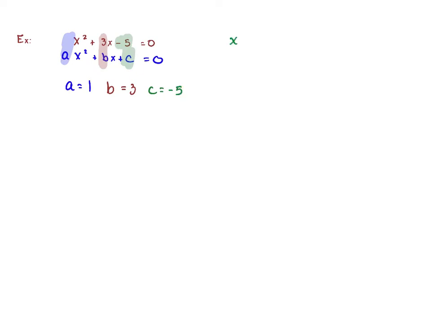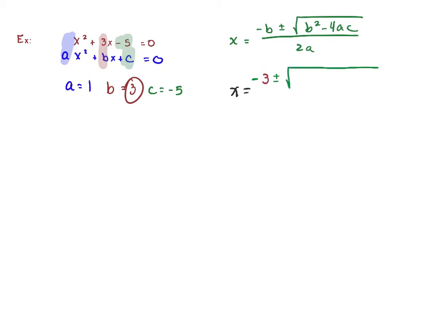And so I'm going to write down the quadratic formula again. Negative b plus minus square root of b squared minus 4ac, the discriminant, all over 2a. And now we just solve for x. So we go x equals, and we go negative of b. Well, what's b? In this case, b is a 3. Then we've got our plus minus square root of, and you want to put this in parentheses, it's b squared, so 3 squared minus 4.